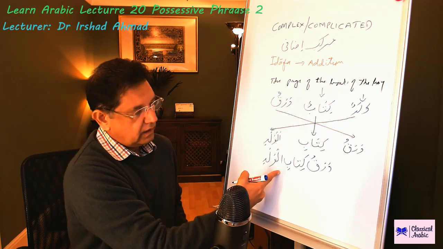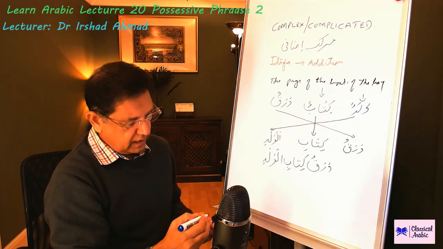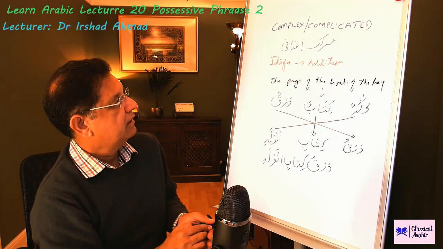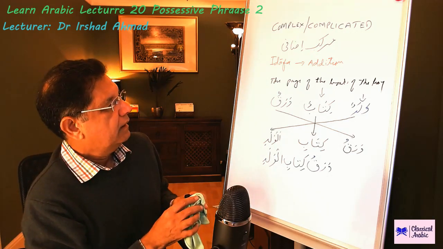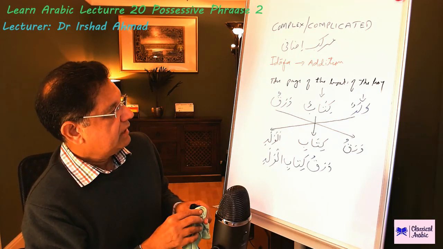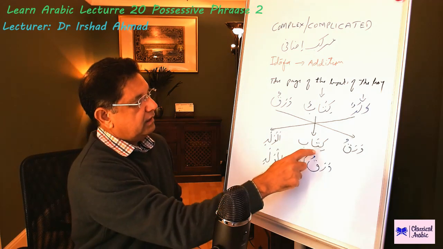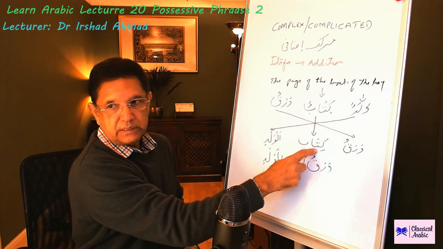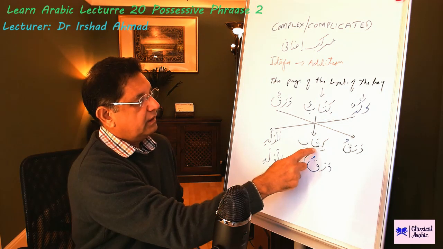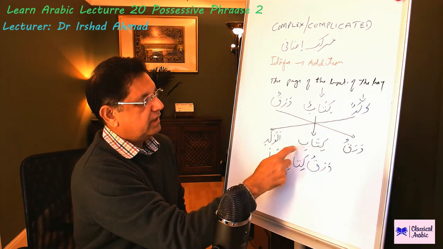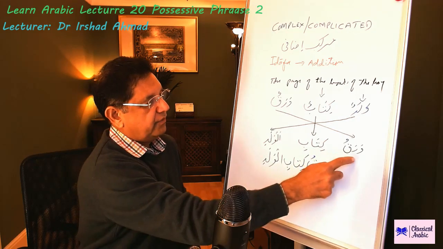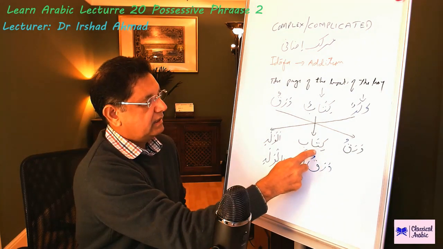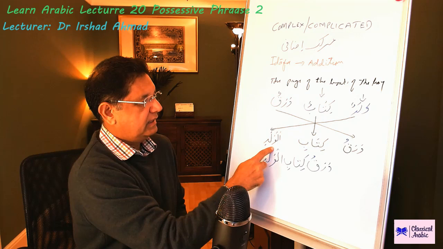So we can even make that a bit longer if we would like to. Basically, this word which is in the center is both mudaf and mudaf ilayh. It is mudaf ilayh for warak and it is mudaf for al-waladi.